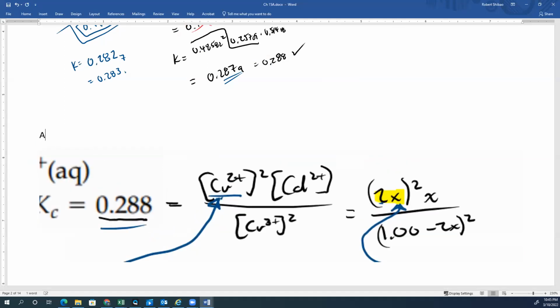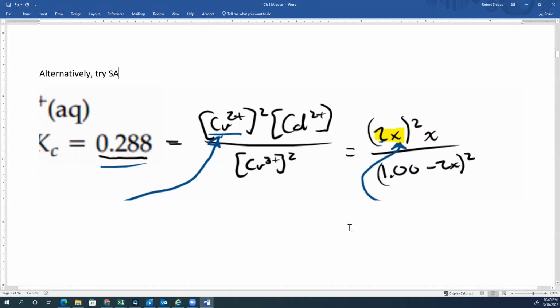Alternatively, try the SA. SA just stands for simplifying assumption. Okay, we'll go ahead and try the SA.